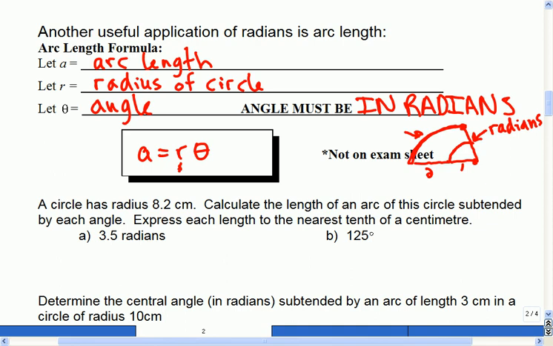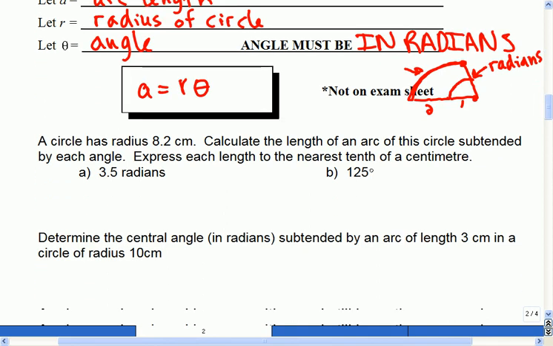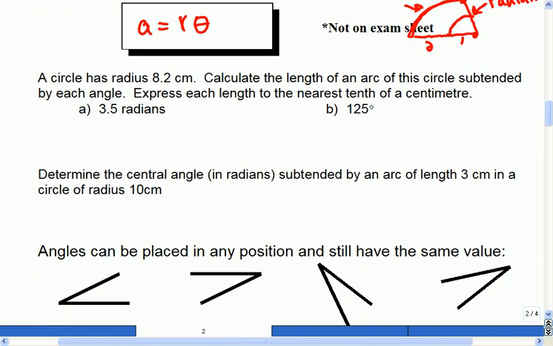Okay. So for the first example, you have a radius of 8.2 centimeters. Let's calculate the length of an arc if we made an angle of 3.5 radians or 125 degrees. So in the first example, I'm in radians. I can start working on this right away. This would tell me the arc length is equal to the radius times 3.5 radians.